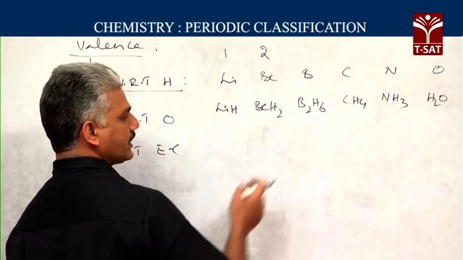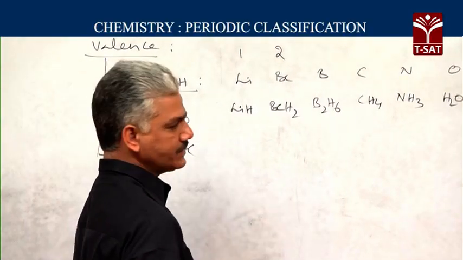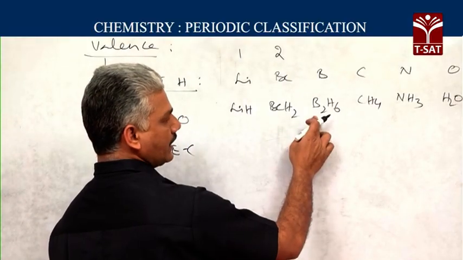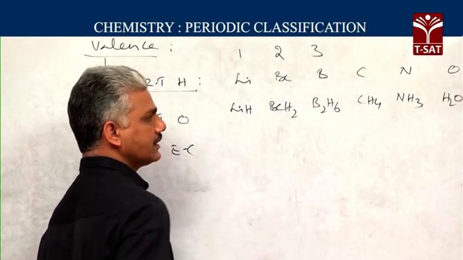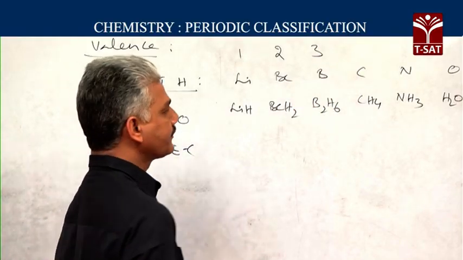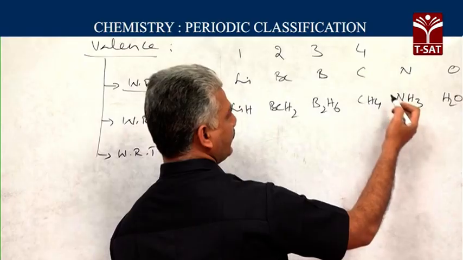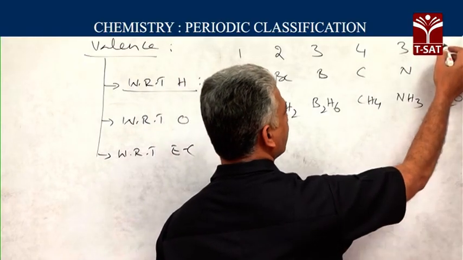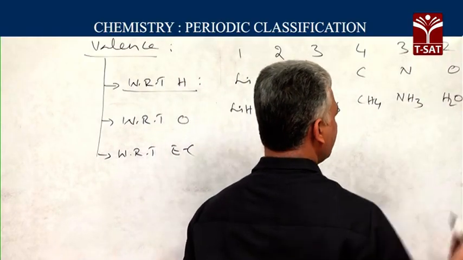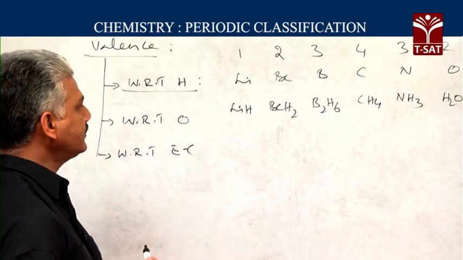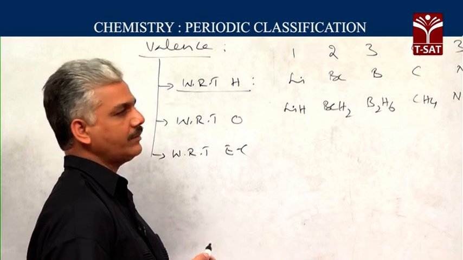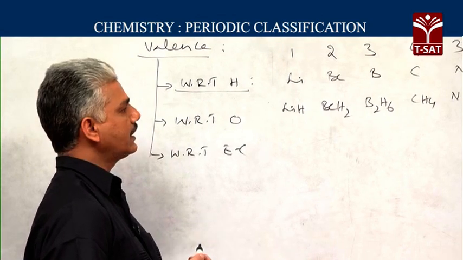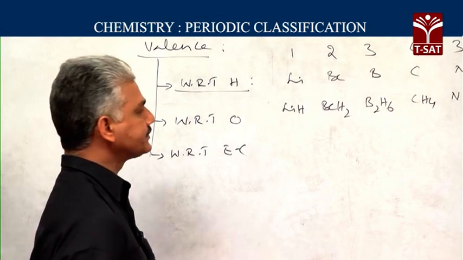2 boron atoms are combining with 6 hydrogen atoms, therefore, 1 boron atom is combining with 3 hydrogens and hence valency of boron is 3. Carbon 4, nitrogen 3, oxygen 2, fluorine 1. So, as you look at these values, there is some correlation between the valency value and the corresponding group number.